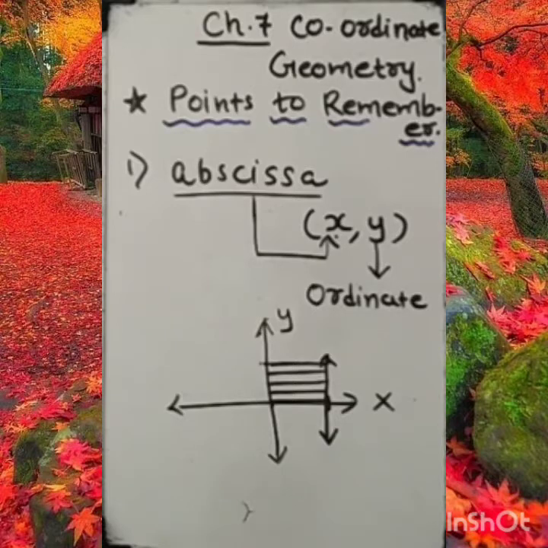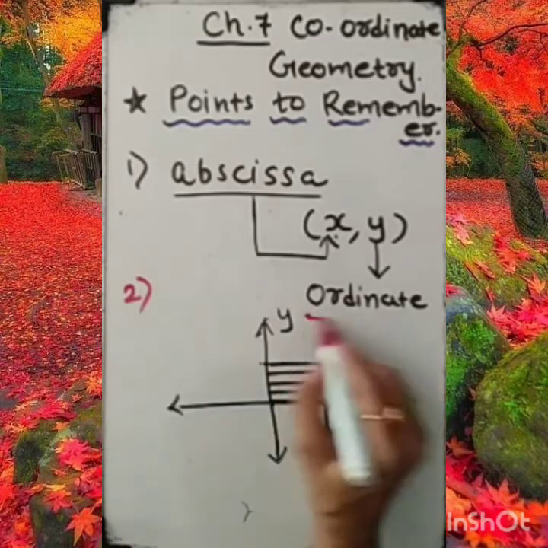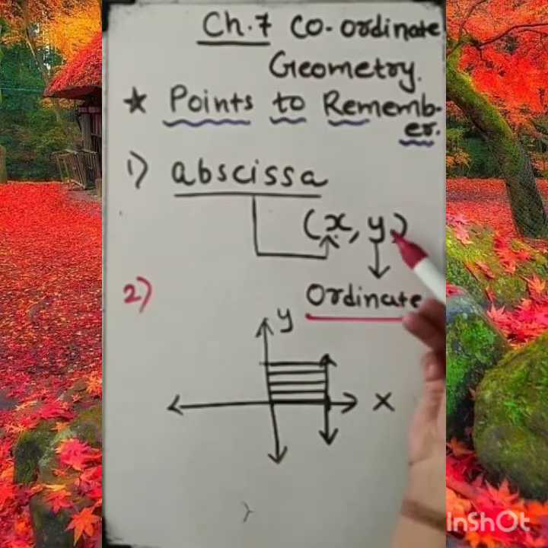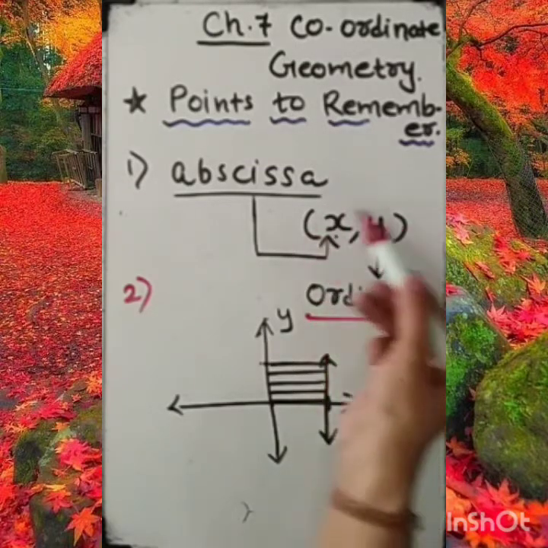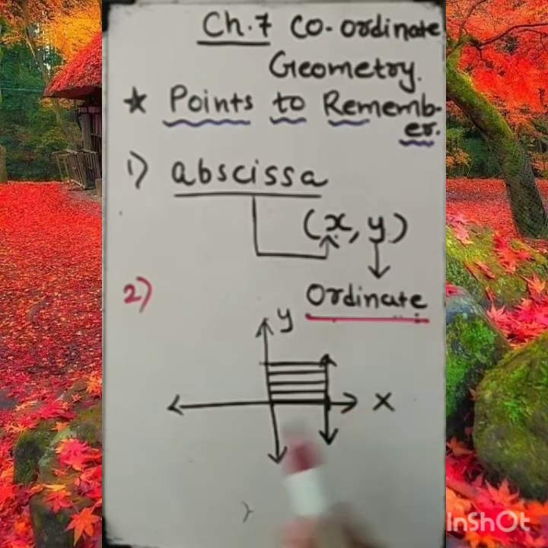Dear student, now ordinates. In the second point, we are talking about ordinate. What is ordinate? Ordinate is the y. Y is called the ordinate in these xy coordinates. Now this ordinate is a perpendicular distance from the x-axis.